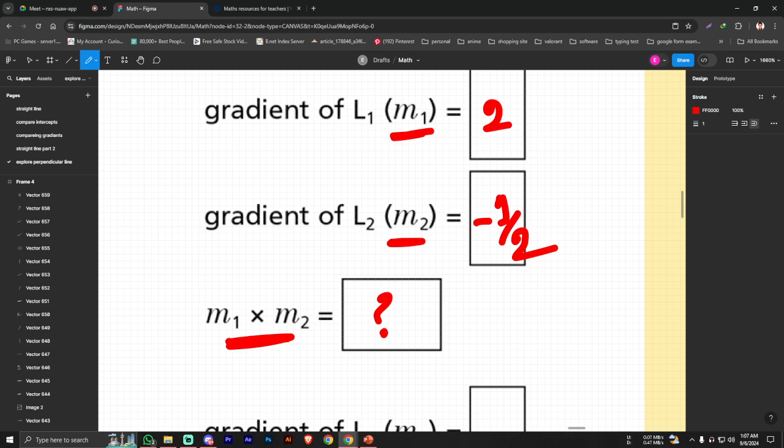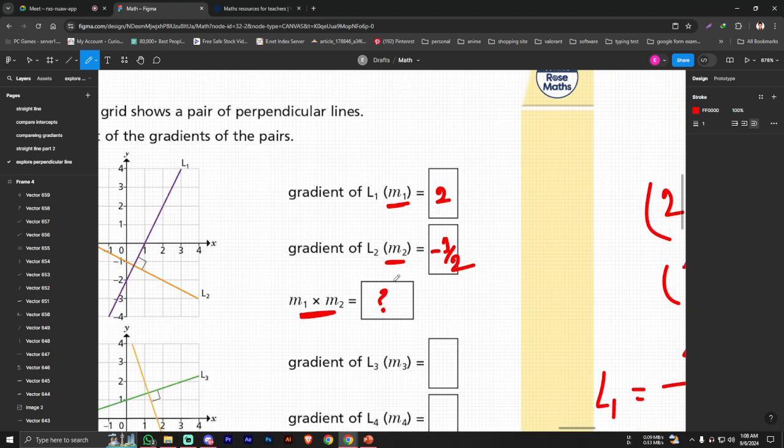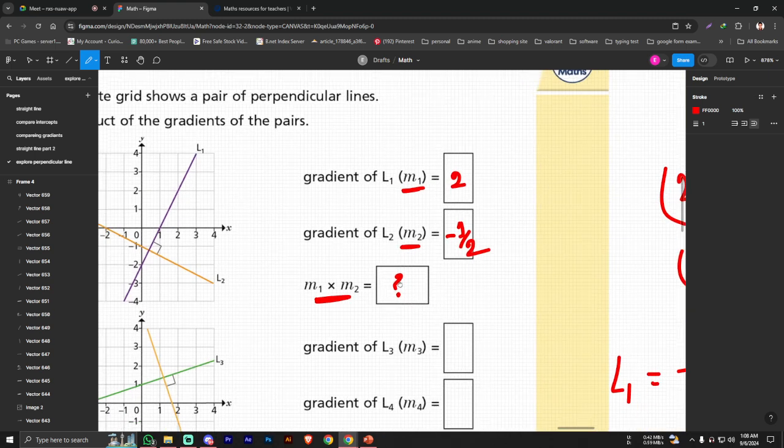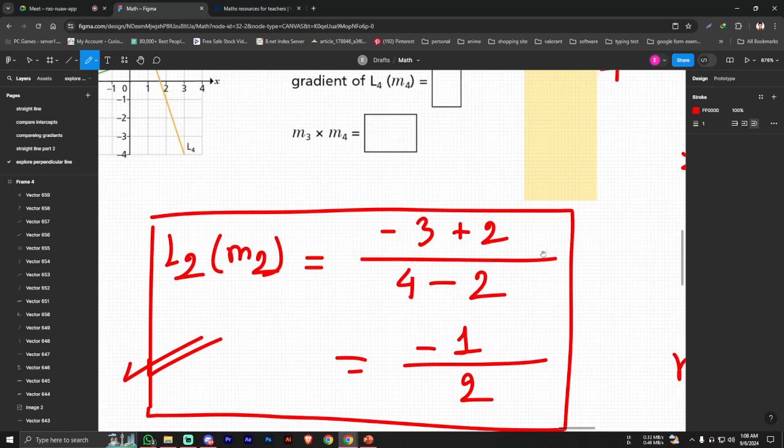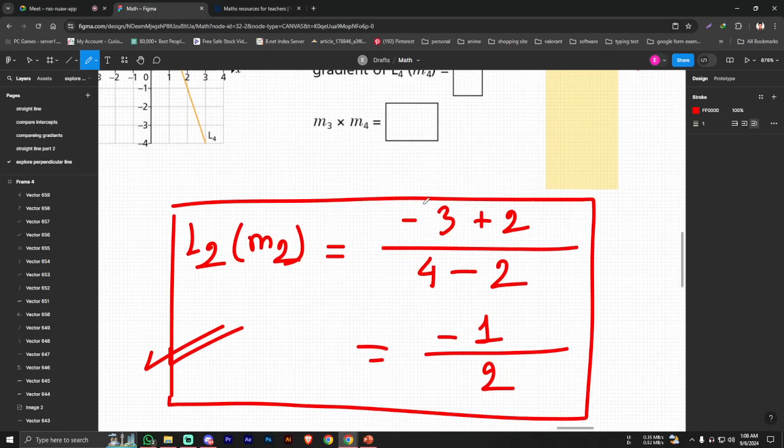So I'm quite confused about L2's gradient. How did you work it out? I do the same process as you did with L1, but I did it fast to save time.